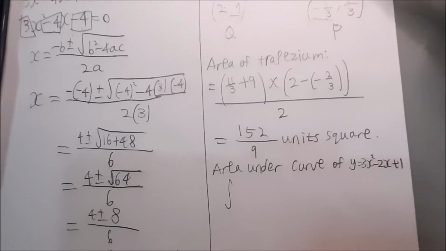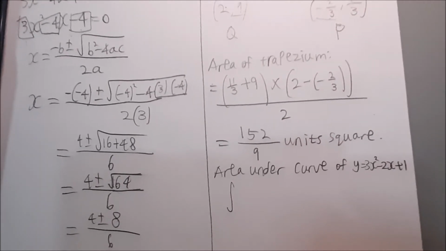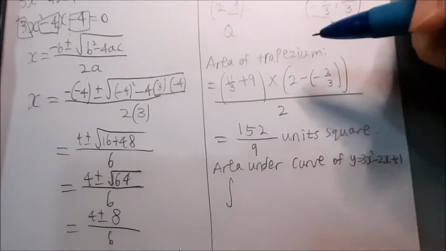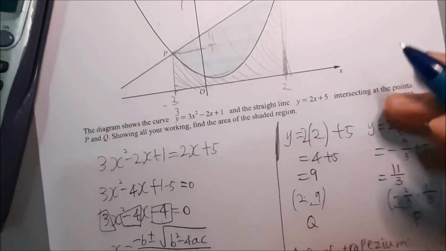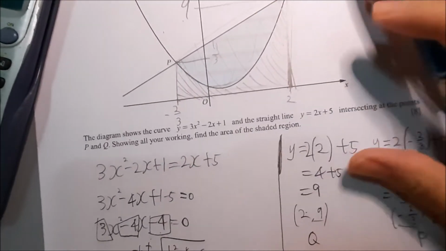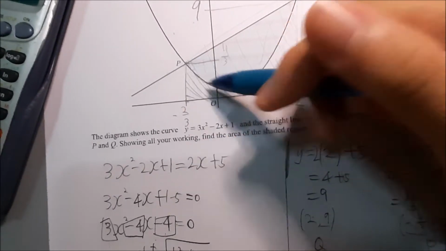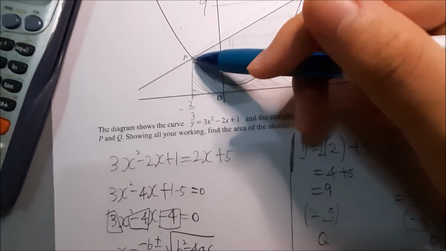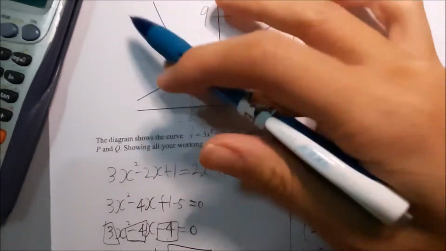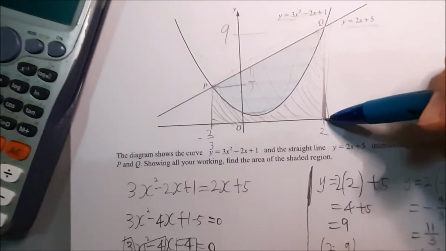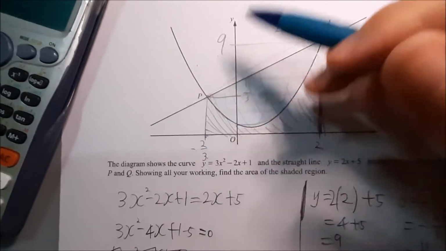Integration, you can use it for getting the area under the graph according to the x-axis. So for the curve, we are limiting the range from 2 and minus 2 over 3.